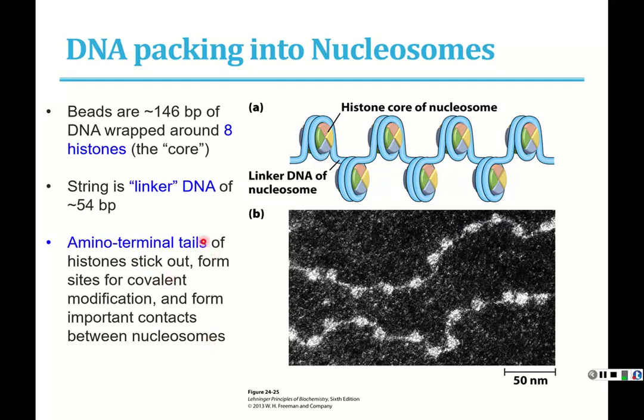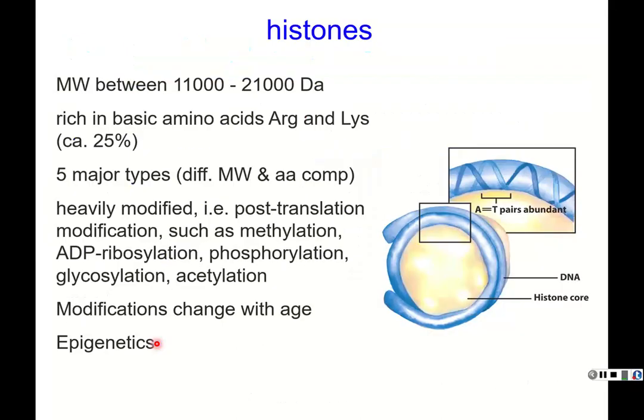The N-terminal tails of histones stick out to form sites for modification, and we'll talk about these a little bit. They also are important for making contacts between the nucleosomes, but they aren't actually shown here in this picture. Okay, histones, the molecular weight can vary a little bit, but about 11,000 to 21,000 Daltons.